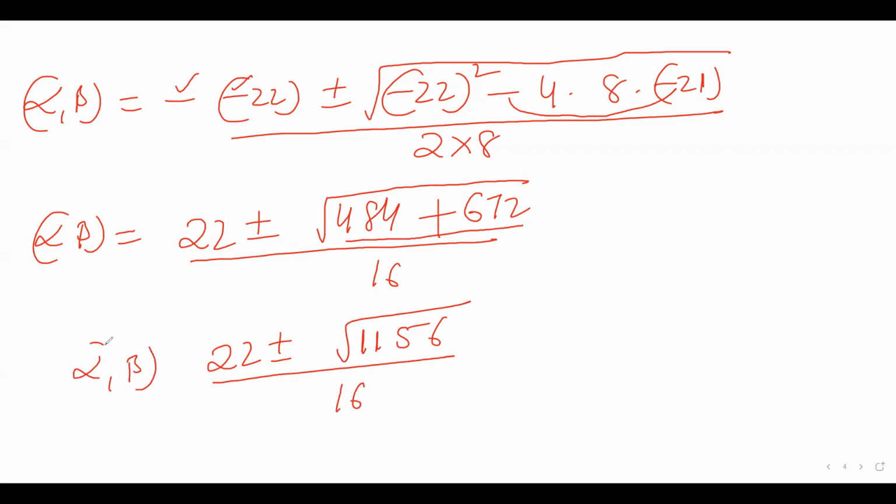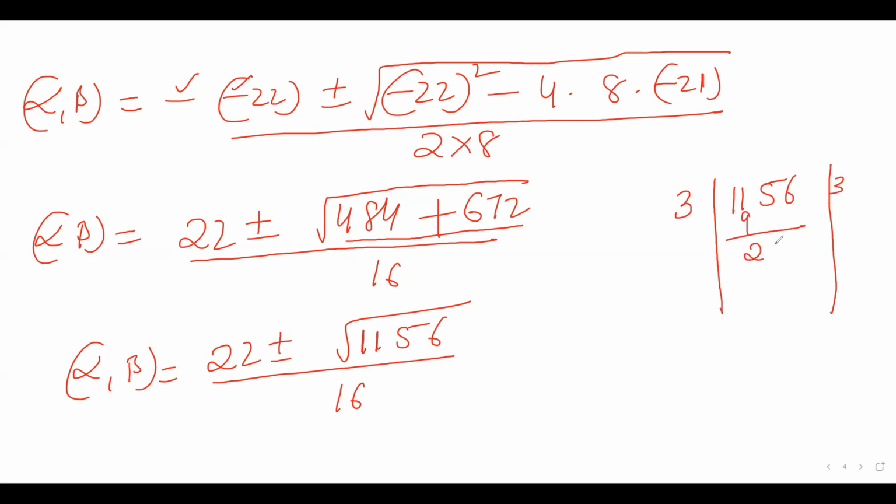Alpha beta is equal to. I will try to find the square root of 1156 quickly. 3 3s are 9. 2 remains, 56 will come down. 3 plus 3 is 6.